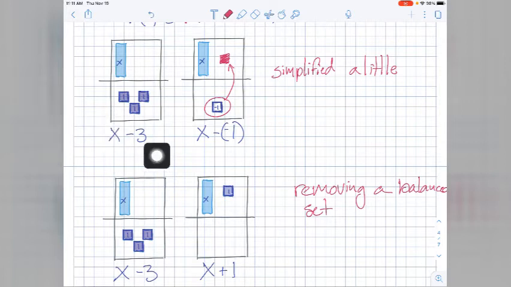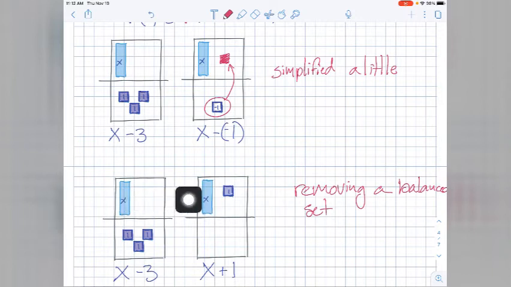So I just wanted to show that that is reflected down here, that this is still x minus 3, and this is still x plus 1. Now, I should be able to tell which one of these is greater. This is now easier for me to tell. Some students are going to get confused because they're not exactly sure what the value of x is, but I know that x is going to be the same in both of these, because they're being compared, whatever x is over here, x is going to be the same over here.